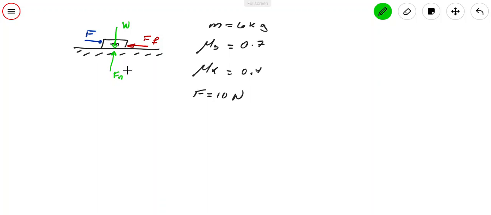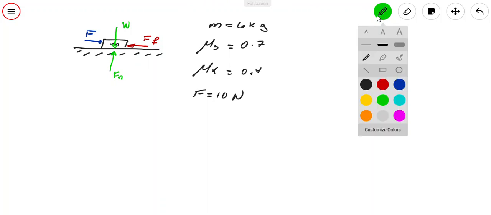And then in this case, as we have a flat surface, the normal force has a direction opposite to the weight and is equal in magnitude.